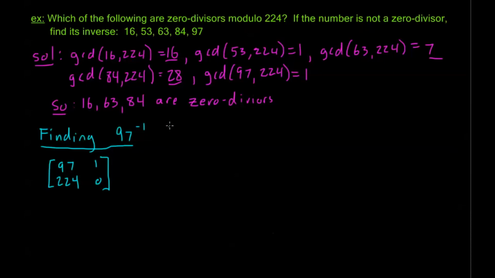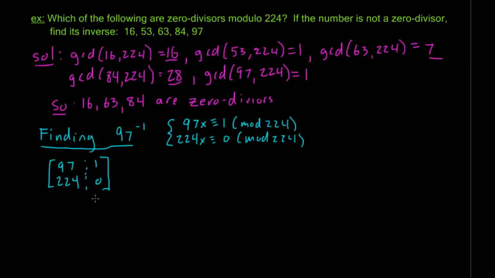Now if that's not a good enough justification for you, you could also think of this matrix as the matrix of 97x congruent to 1 mod 224 and 224x congruent to 0 mod 224. If you think of the matrix this way, well, this is obviously just a 2 by 2 matrix, right?